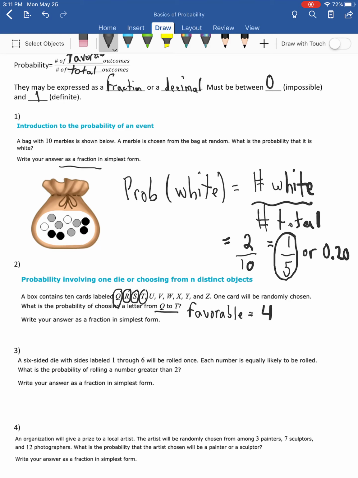Okay, and total we have 10 letters. Okay, and again it says write your answer as a fraction in simplest form. So favorable over total is 4 over 10, which when we simplify is 2 over 5.